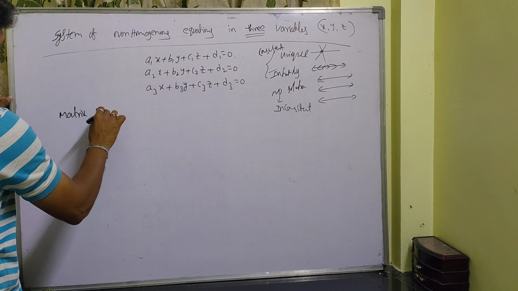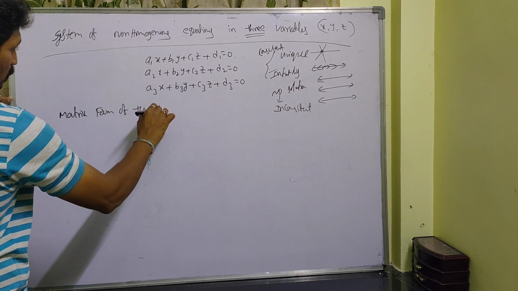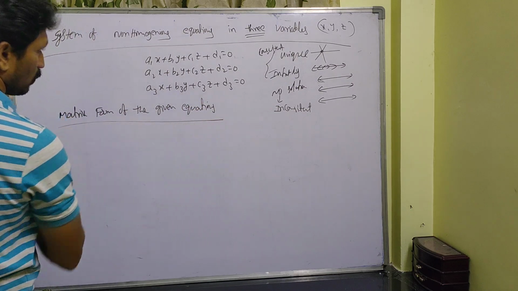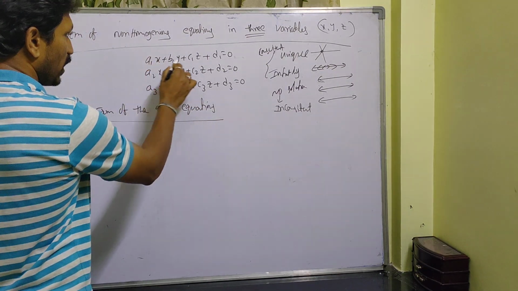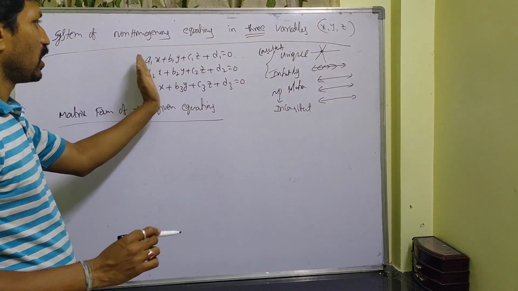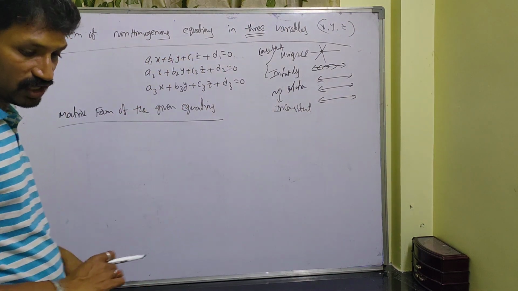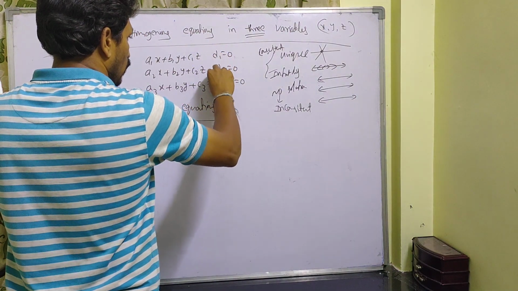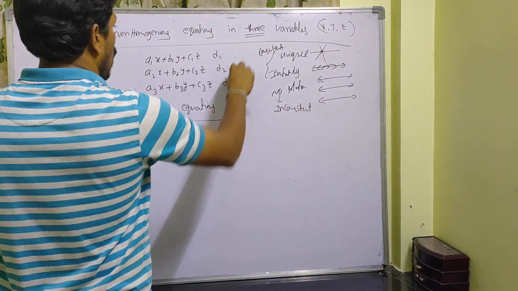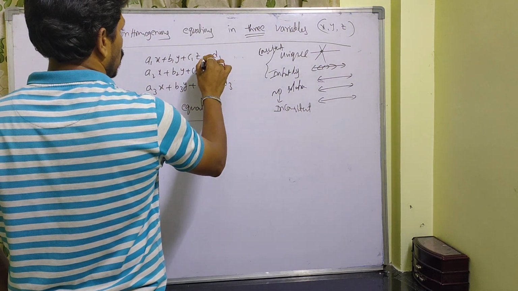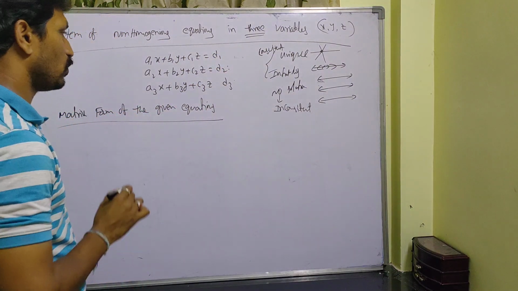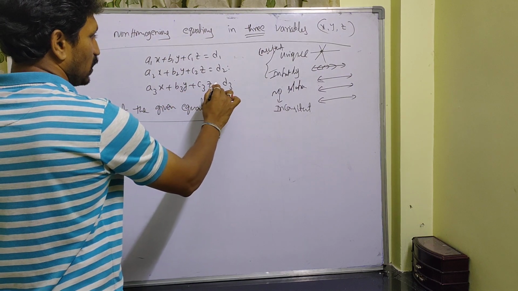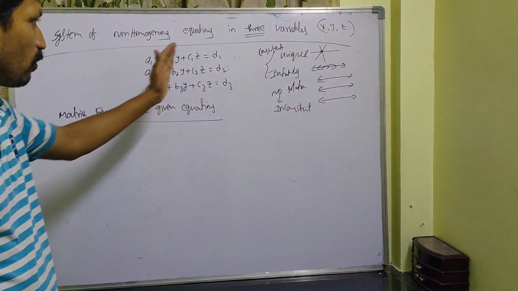First we write a1x plus b1y plus c1z is equal to d1, a2x plus b2y plus c2z is equal to d2, a3x plus b3y plus c3z is equal to d3, for my convenience.